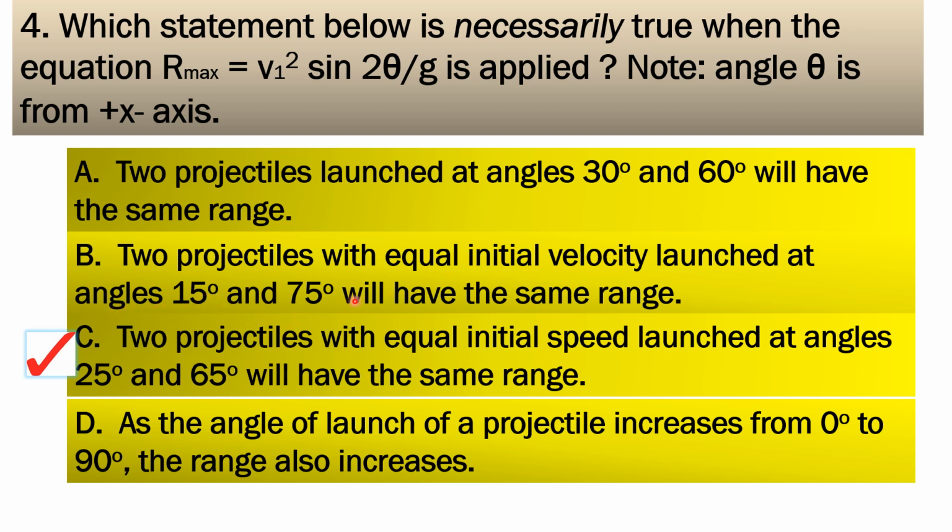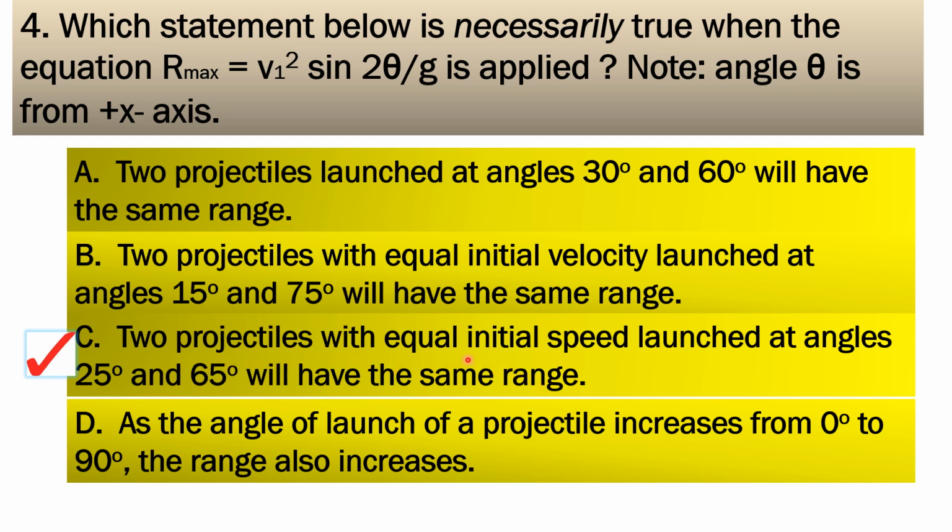So there is something contradicting here. The use of the word velocity makes the statement questionable. We cannot have the same initial velocity while having different angles of projection. Whereas in letter C, with the use of the words initial speed, we're only referring to the magnitude of the initial velocity. So it's a better answer because we are safe.